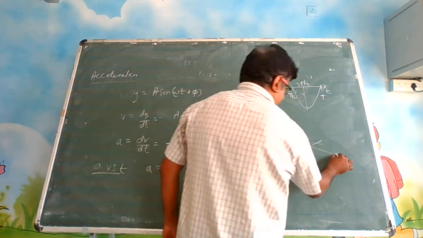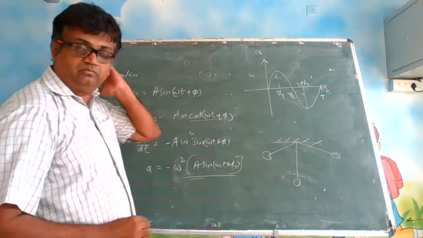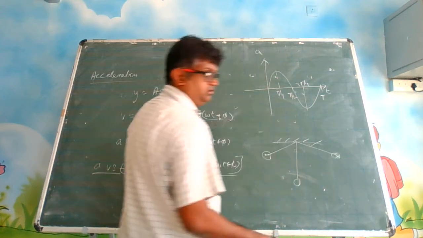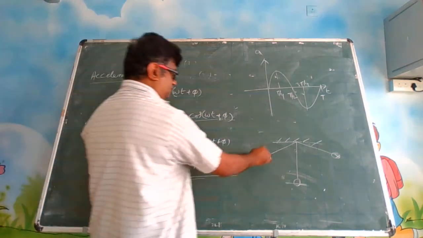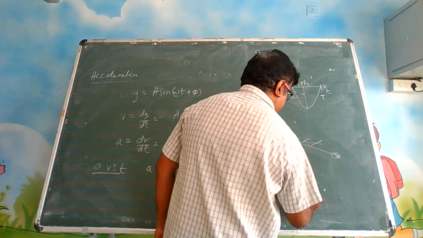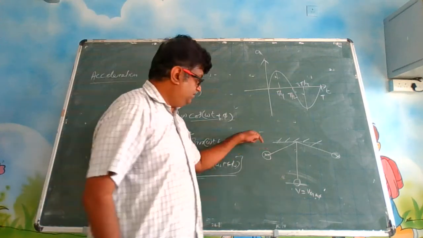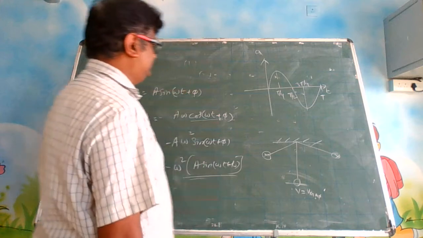Let us say it reached maximum amplitude this side, it reached maximum amplitude this side. Okay, what is happening at the peak point? The velocity is 0, but at the mean position the velocity is maximum. Here v is equal to v max. At the mean position, because it is going like this, coming back this, so here the velocity will be maximum.